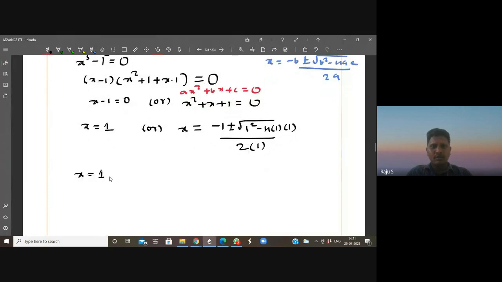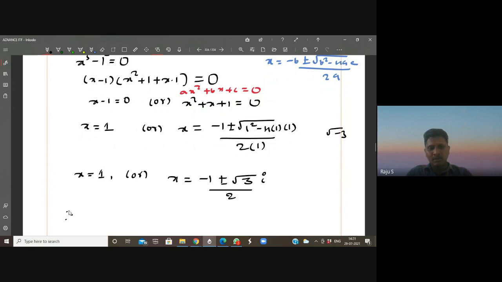So x is equal to 1, or x is equal to minus 1 plus or minus root of 1 square minus 4, that is 3 into iota, because we are going to get minus root 3, meaning root 3 into iota, by 2.